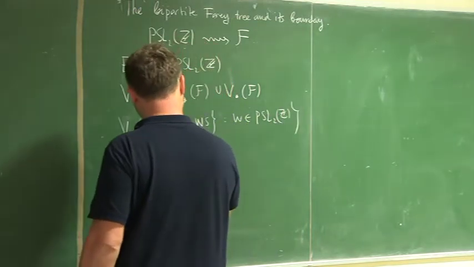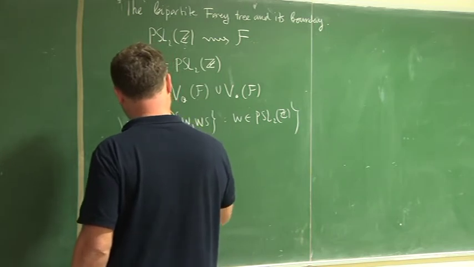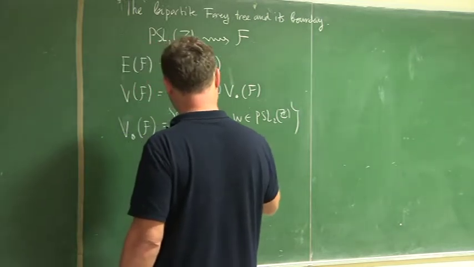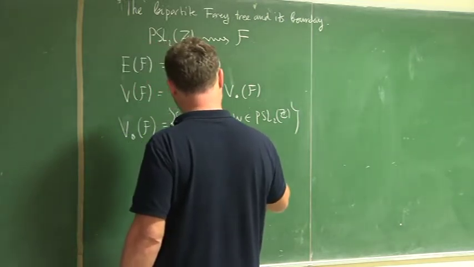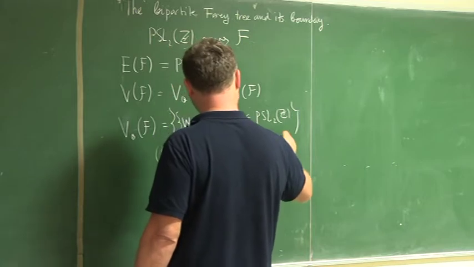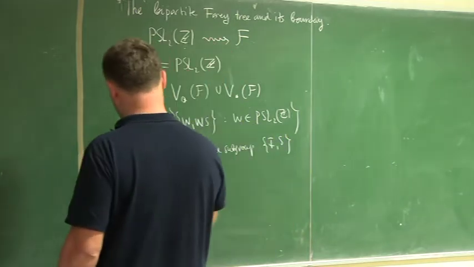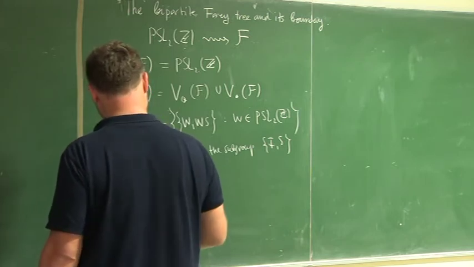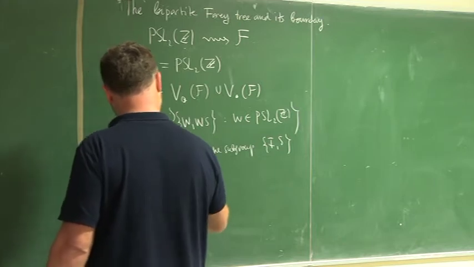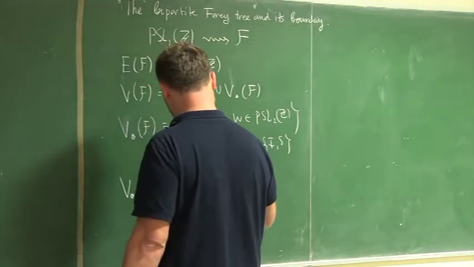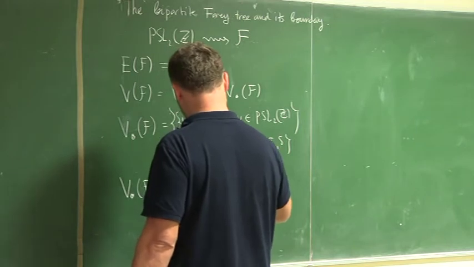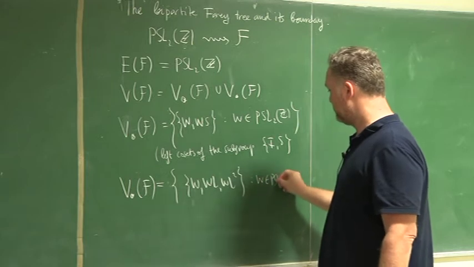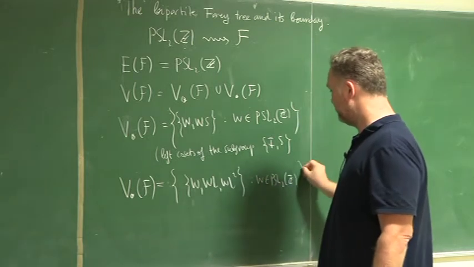So these are left cosets of the subgroup generated by S. And there's another type of vertex, which is of the kind {W, WL, WL square}. So this is a triple such that W is in PSL2Z.